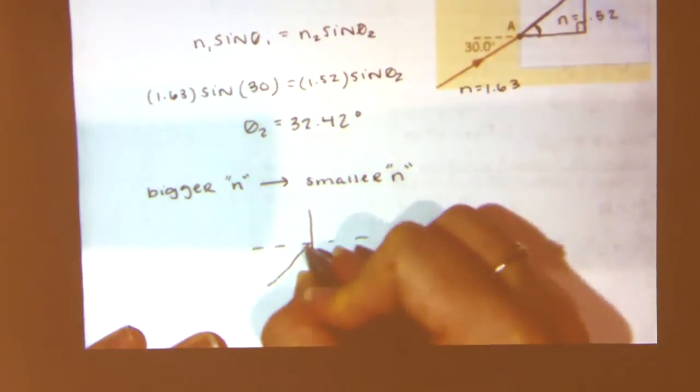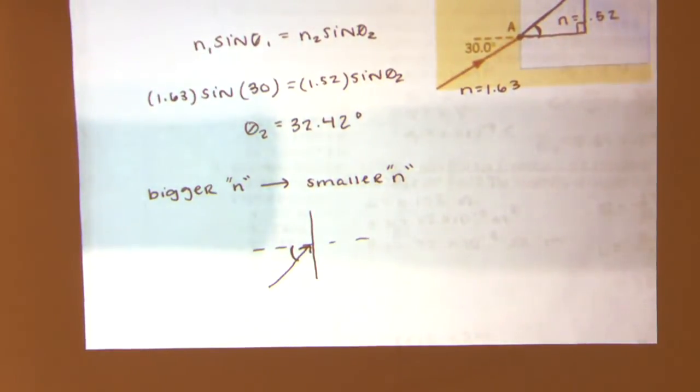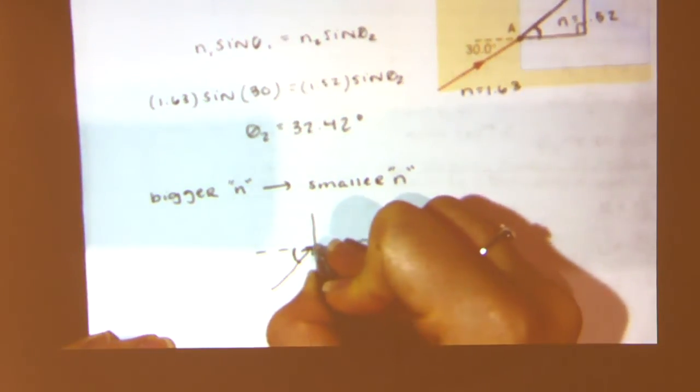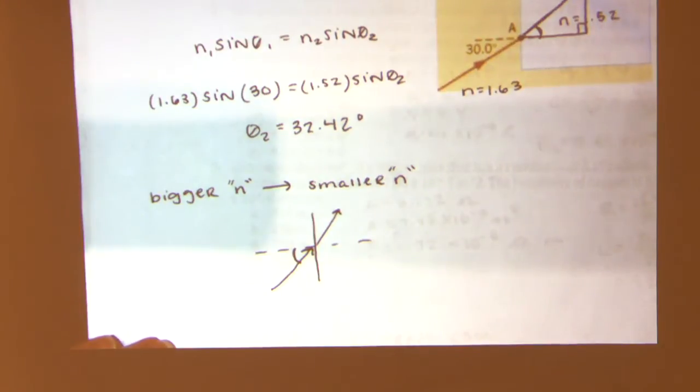We're going in at this angle, and this is your angle of incidence. Your angle of refraction is going to be bigger than your angle of incidence. So instead of going towards the normal, you're going to go more away, if that kind of makes sense a little bit.